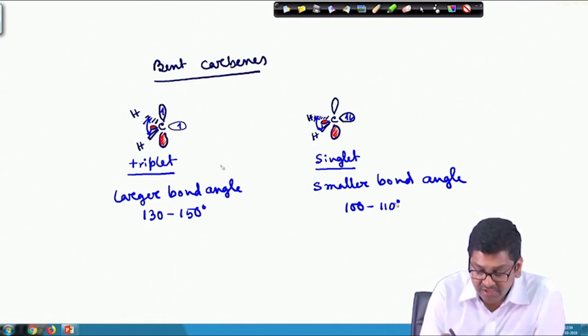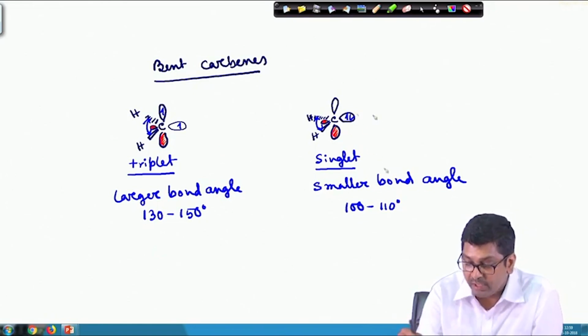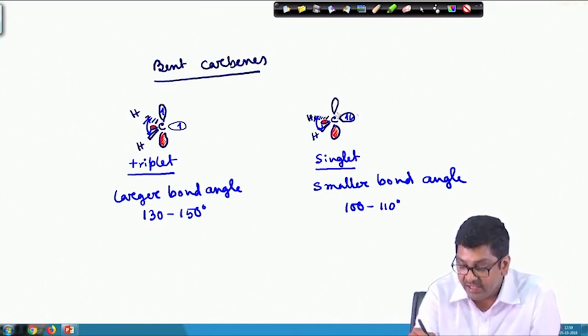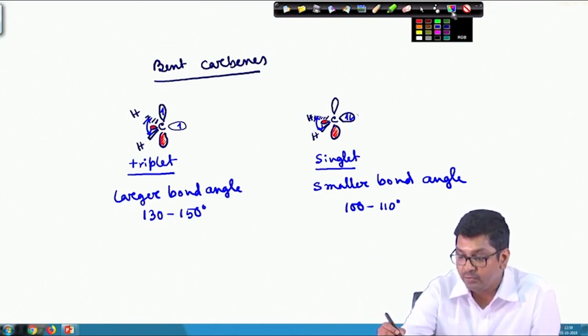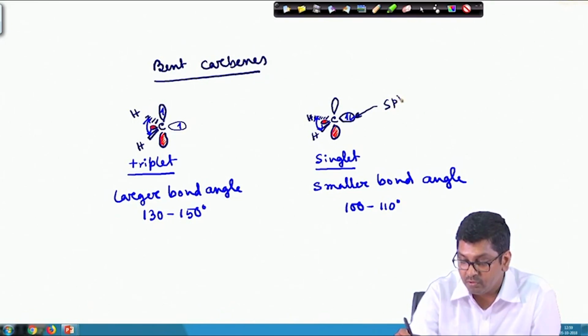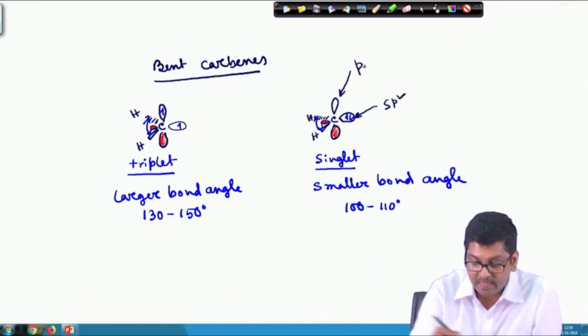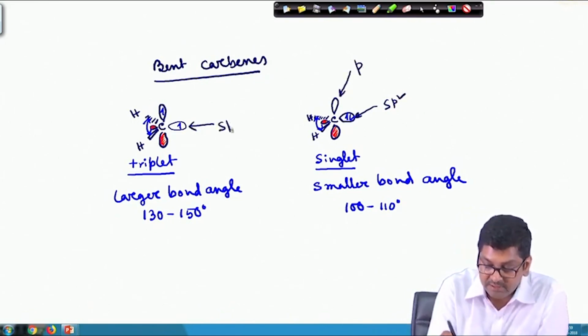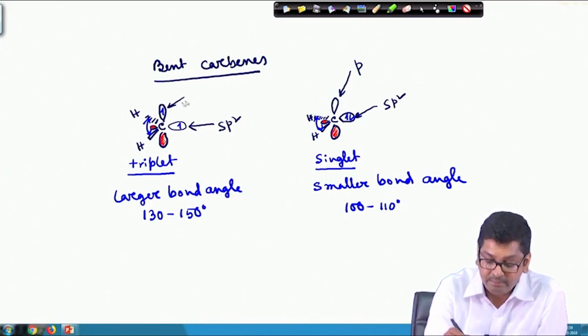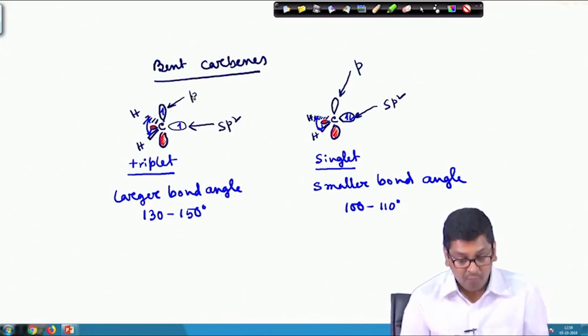Now, for this particular singlet carbene, it is sp2, here it is sp2, and this is the p. As you have seen, here also the same, this is sp2 and this is p. We have seen this.